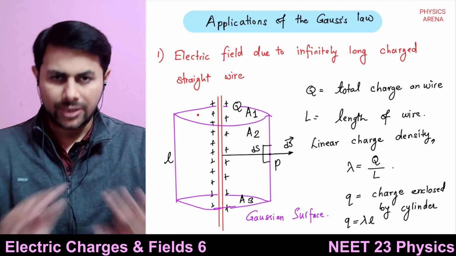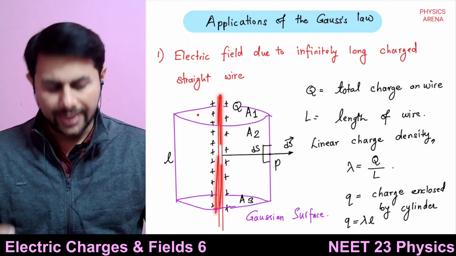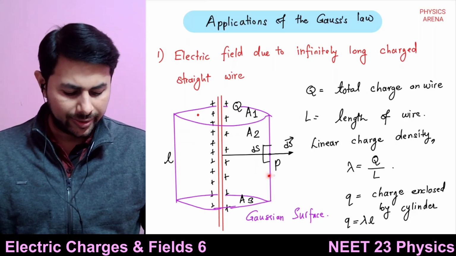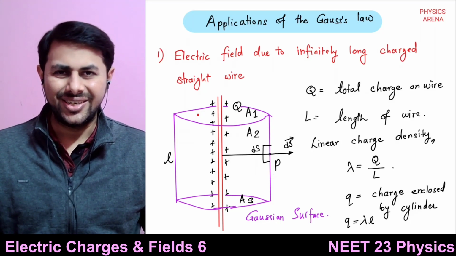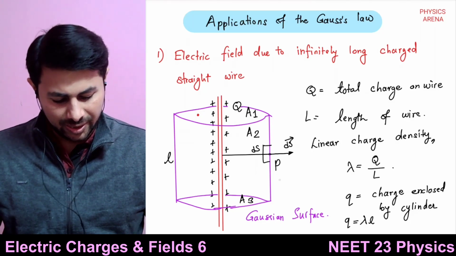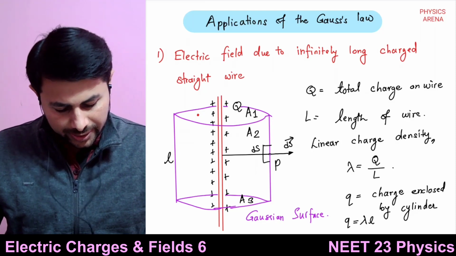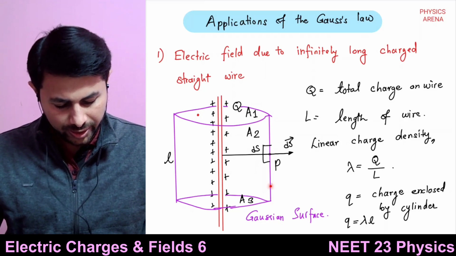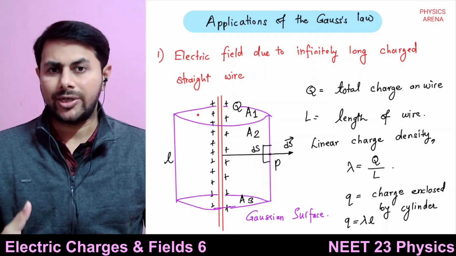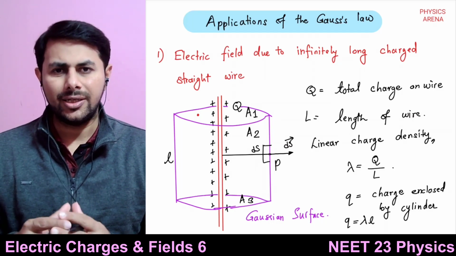If you consider the curved surface, the cylinder, then the wire is along the axis of the cylinder. So it doesn't matter if you take a point here or here or here, the electric field at all those points would be equal.